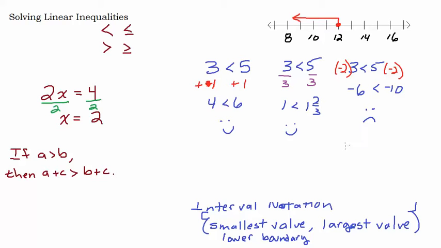But I could make it true. If I multiplied both sides by a positive, it would stay true. If I multiply both sides by -2, I can still do that if I need to. But in order to make the statement true, I am going to have to flip the inequality sign. Okay?